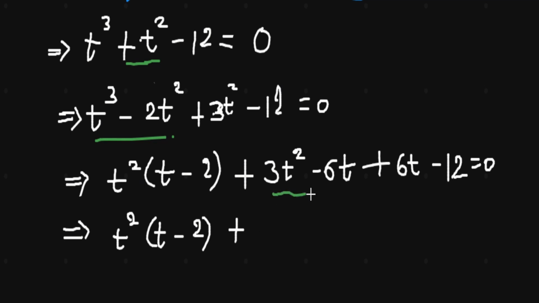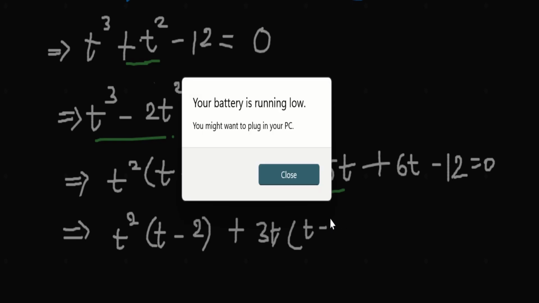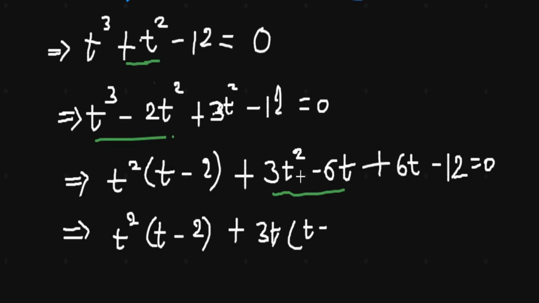In this we can take common 3t: 3t into t minus 2 here.